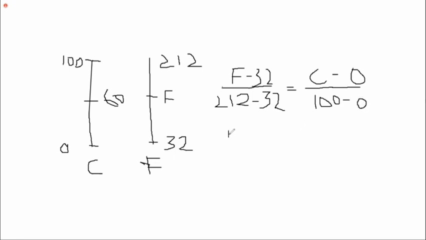Then you can get the result: F minus 32 over 212 minus 32, which is 180, equals C minus 0, which is C. Any number subtracted with 0 is the same value. 100 minus 0 is also 100.